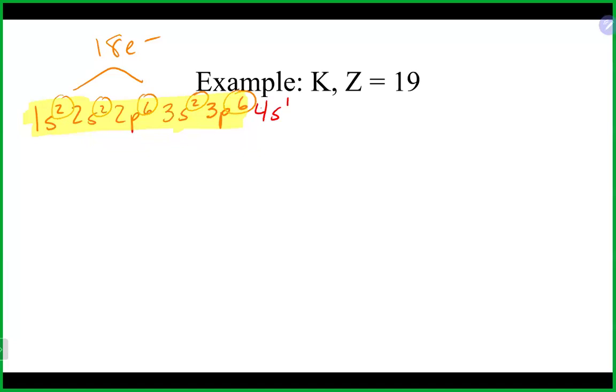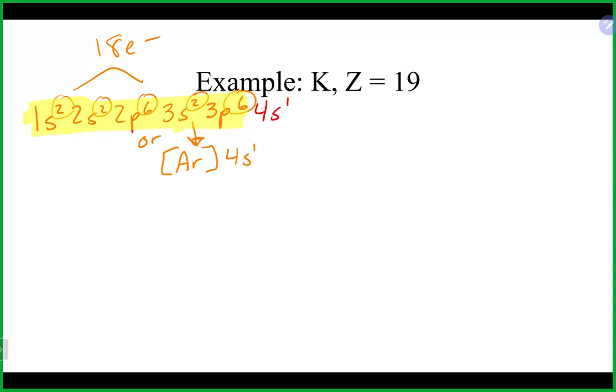We just did this electron configuration a second ago. It is argon. We could do a shorthand for the configuration by putting argon in brackets. And what that means is that is the electron configuration for argon. And then we could just continue on with the electron configuration as 4s1. So this is what is known as argon 4s1.